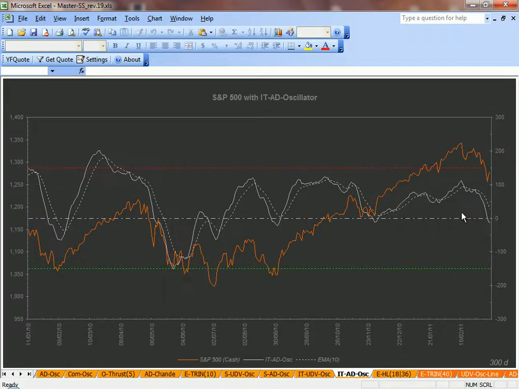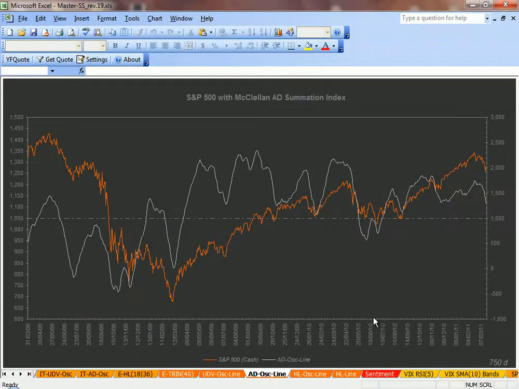Same picture with breadth, although they did try to make a high, they're rolling over, still rolling over. Needs to be turned around. And let's see a couple others here to take a look at. This one didn't confirm the high and has rolled over.